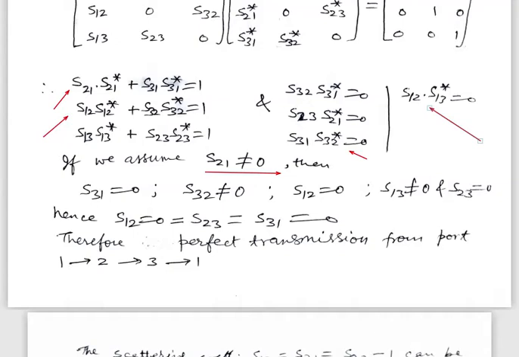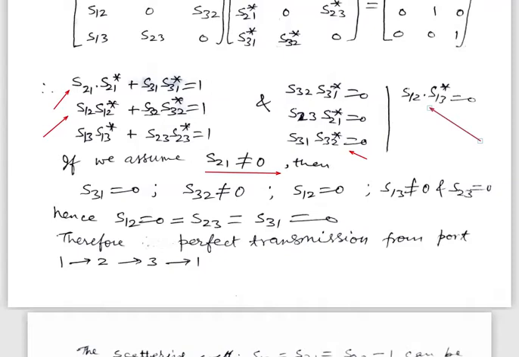if S12 is 0, then S32 will not be 0, and if S32 is not 0, then S31 must be 0.